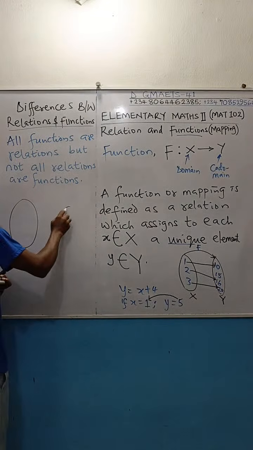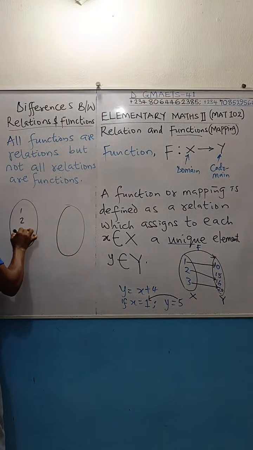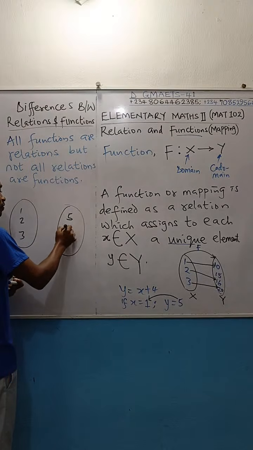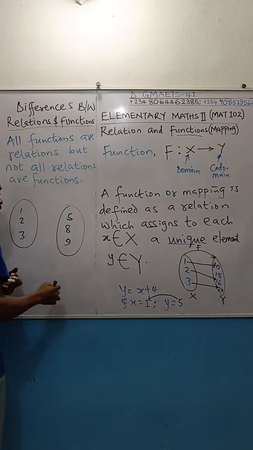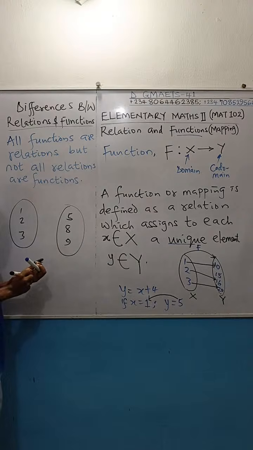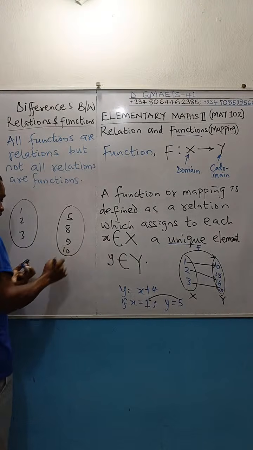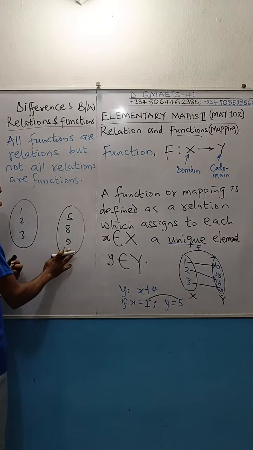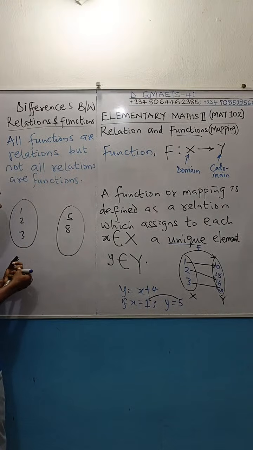If you have something like this, it's not possible. 1, 2, 3, 5, 8, 9. And then you have something like this. Let me say 10. Okay, let me even remove this one.